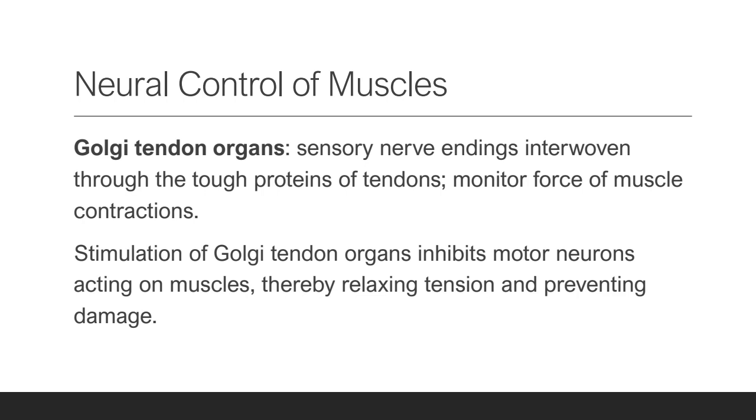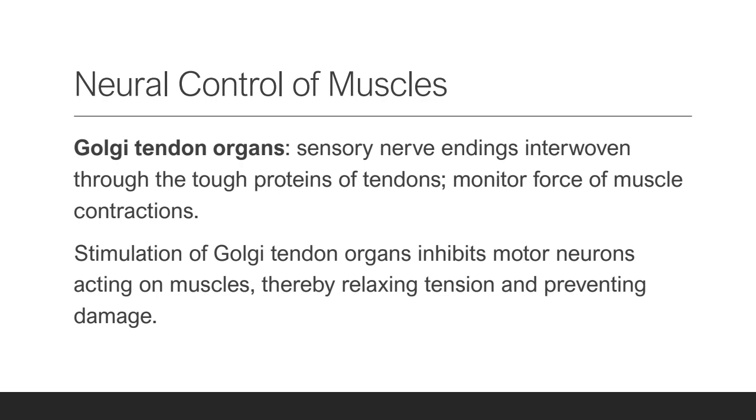But we also need feedback about the degree of muscle contraction or the force of the muscle contraction. This information is provided by the Golgi tendon organs. These are located at the junction between the muscle and the tendon. And like the muscle spindles, the Golgi tendon organs are innervated by sensory axons.